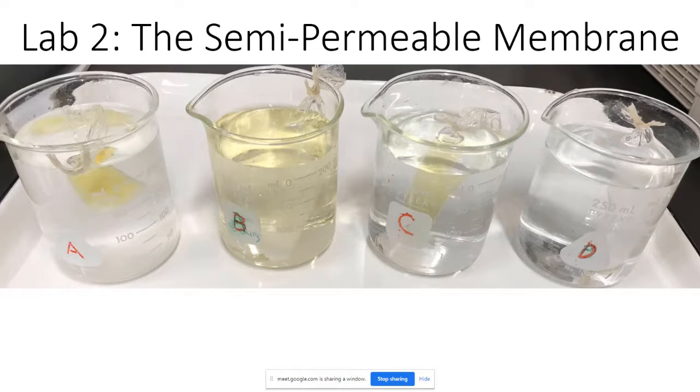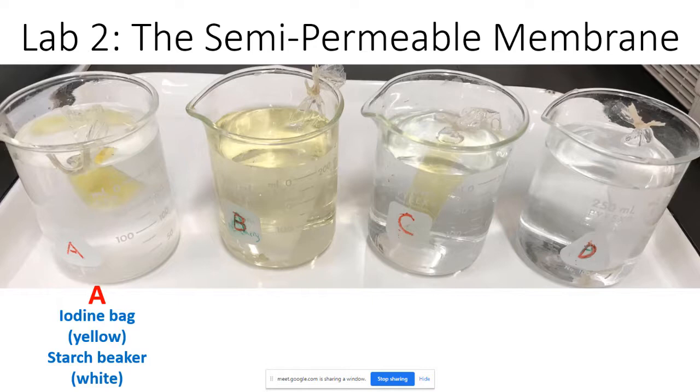When you look at lab number 2, this is the semi-permeable membrane lab, what you've done is taken a piece of dialysis tubing. It looks a little bit like a freezy tube, but it's not sealed. There's tiny little holes in this plastic. And basically what you've done is in the first beaker there, you've put iodine in the bag and it looks yellow. In the beaker itself, the water that's in the beaker, you've put some starch solution in there.